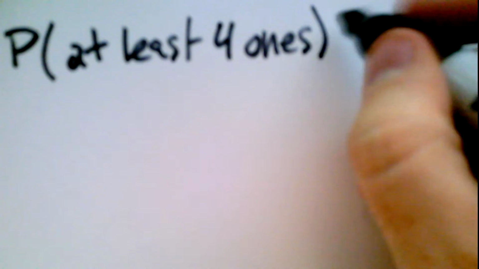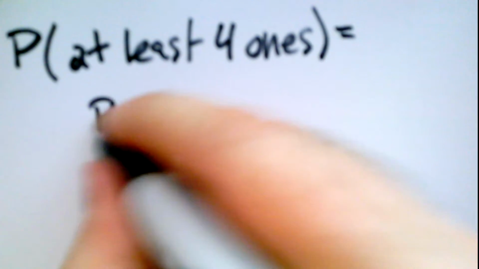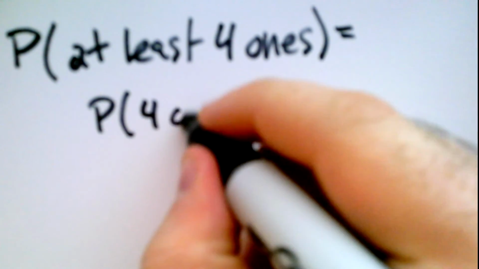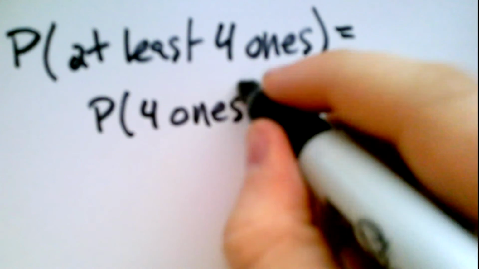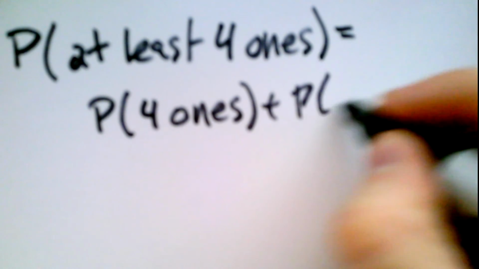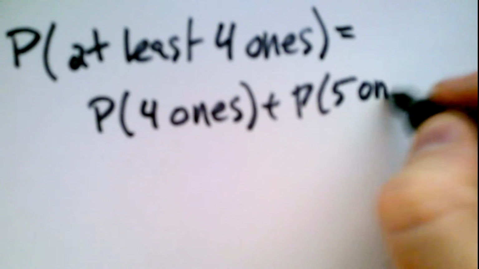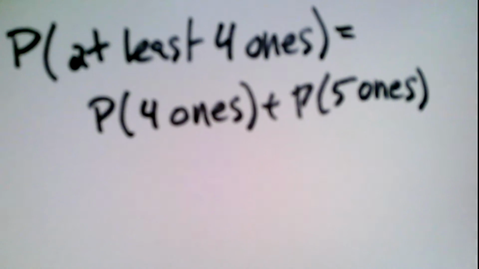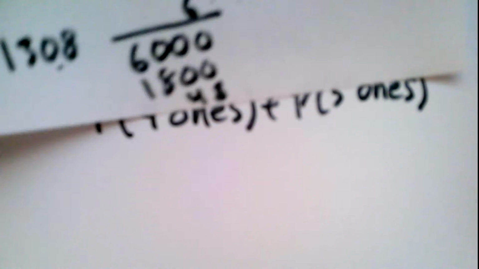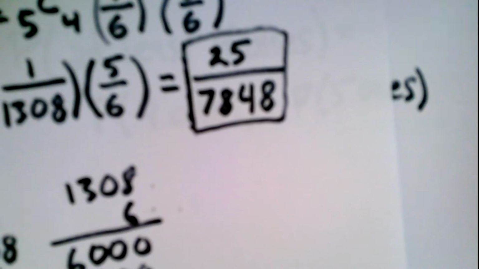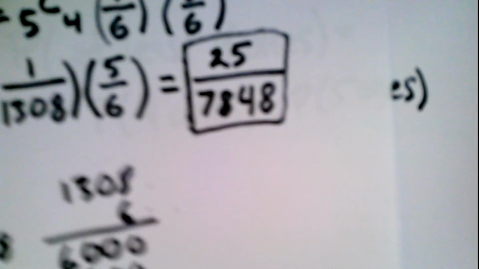Well, that's going to be equal to the probability of 4 ones plus the probability of 5 ones. I don't have a special formula that'll do this one easily, unfortunately, but it's not too bad to just use the formula twice. Now, we already calculated that the probability of 4 ones was going to be 25 over 7,848.